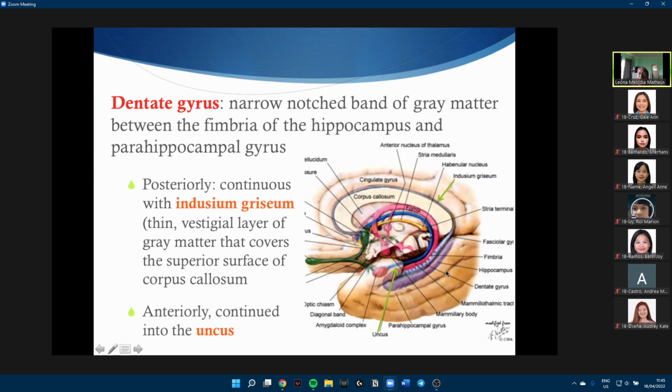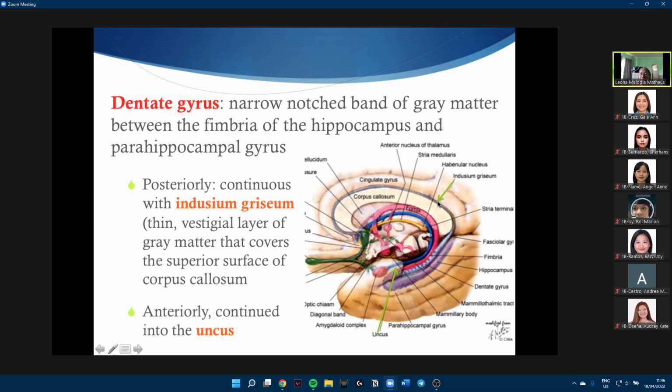This is somewhat hard to represent in the picture. Anyway, let's follow the dentate gyrus posteriorly. It will continue over the superior surface of the corpus callosum as a thin vestigial layer of gray matter, what we call the indusium griseum.